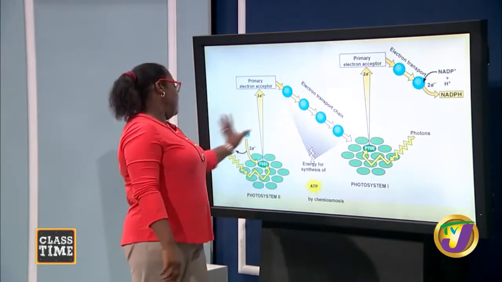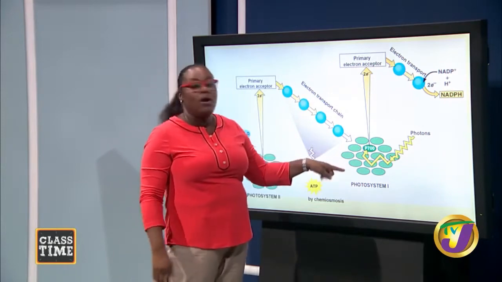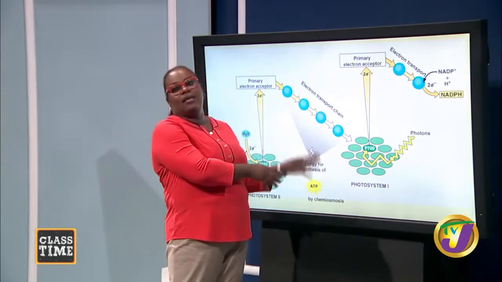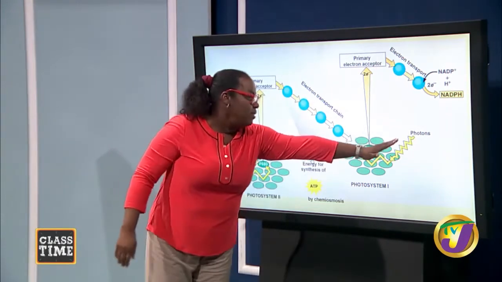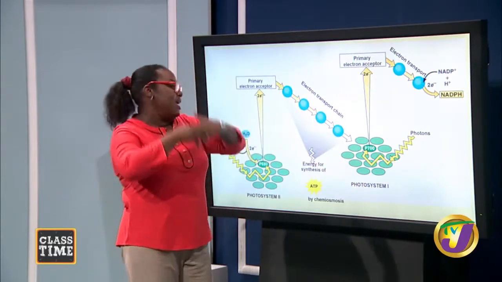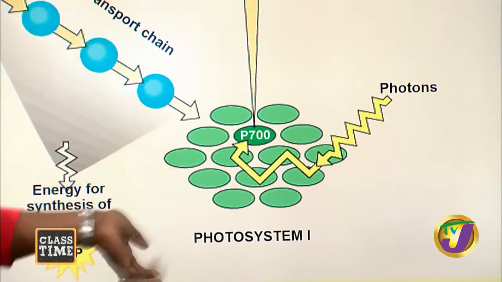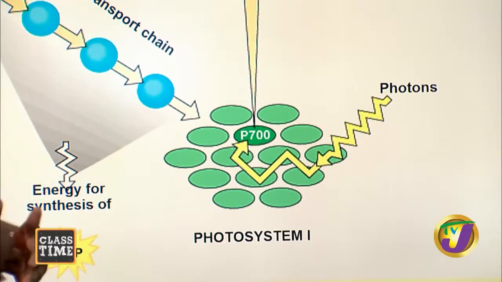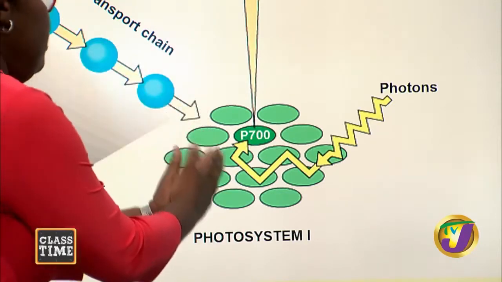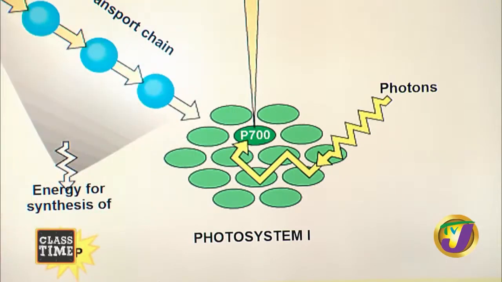Now, while all of this excitement is going on at photosystem 2, photosystem 1 actually has its own excitement going on. The same thing: light is hitting the different molecules in the system, and the molecules are getting all excited, and they're moving up, and they're hitting into each other, transferring the energy to other neighboring molecules, and eventually hitting the chlorophyll A at the reaction center.